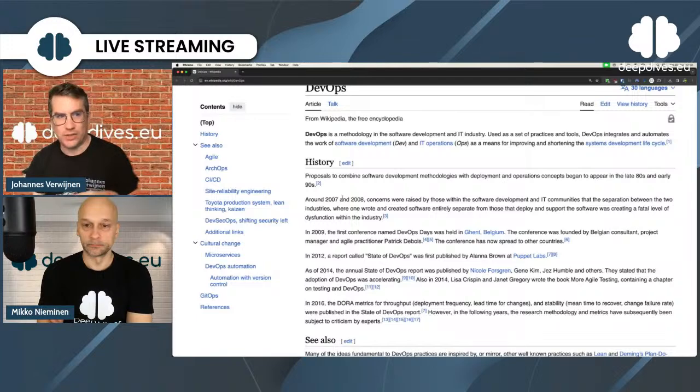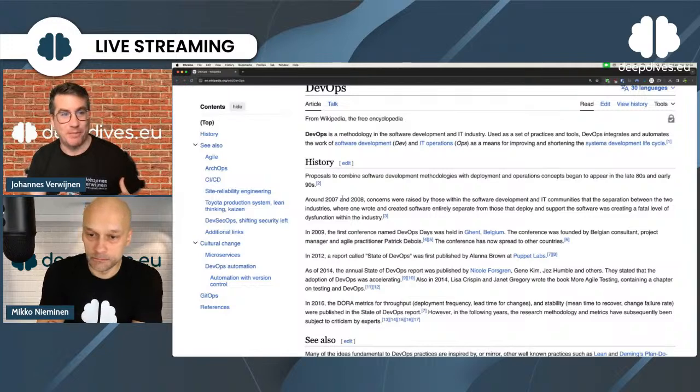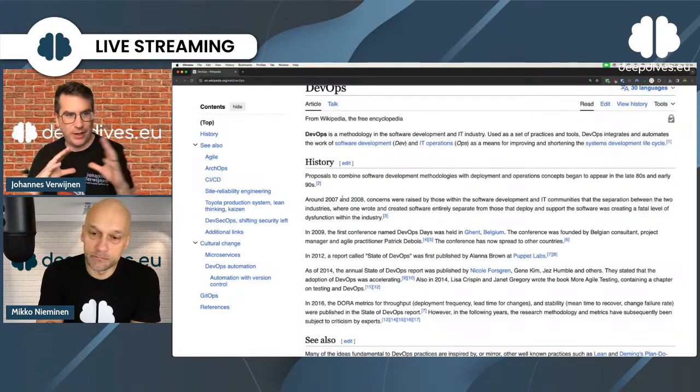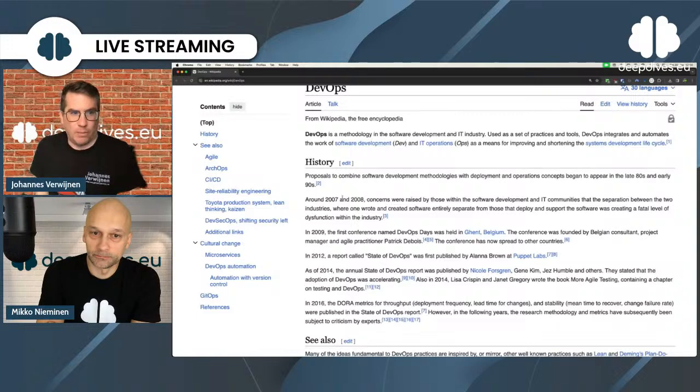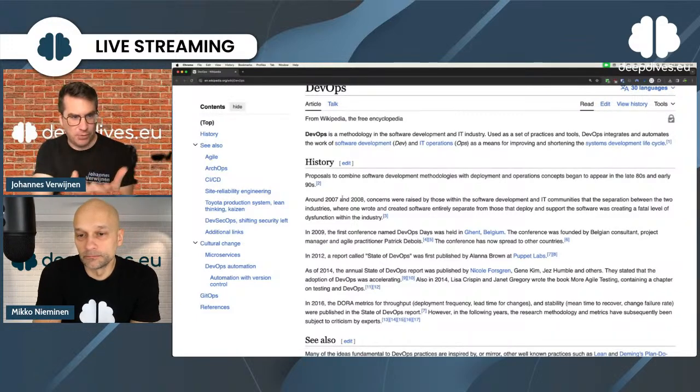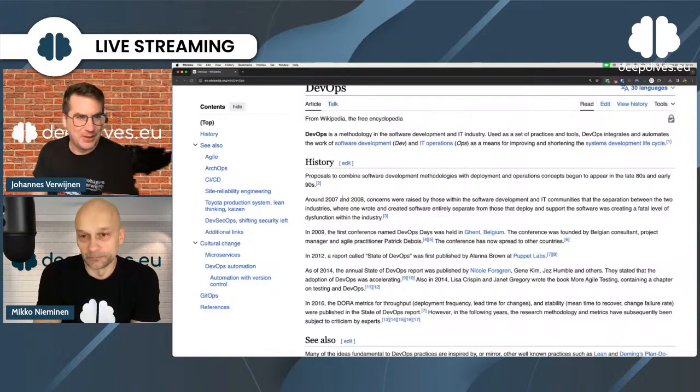It's not like XP, which was basically one book written back in the days, or the Rational Unified Process, which is a process by a single company, but rather a fairly loose collection of philosophies and methodologies. There is no DevOps Incorporated that tells you this is DevOps and this thing is not. So DevOps is a collection of ideas that we use nowadays to create and deploy modern software.